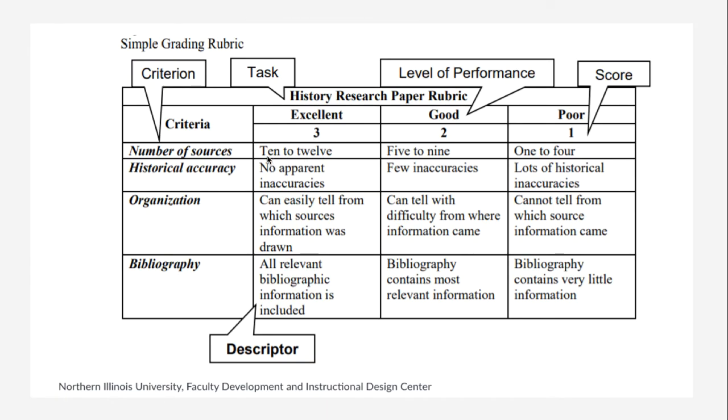If they include 10, 11, or 12 sources, if there are no apparent inaccuracies in the history in the paper, if you, the reader, the teacher, can easily tell from which sources information was drawn, like you look at their paragraphing, and you can easily see in the organization of the essay or the research paper where they included their sources.